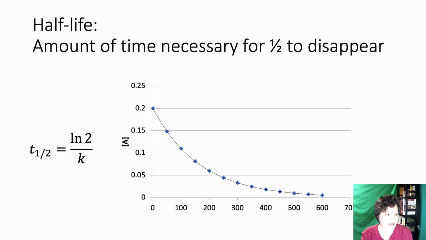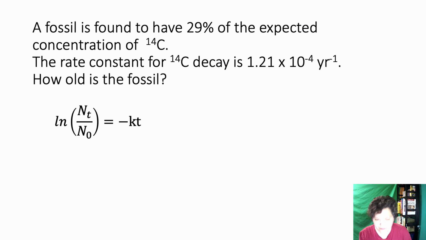And if we can just measure the half-life of something, then it's very easy for us to calculate the rate constant. And because these rate constants are really truly constant for various isotopes, we can just look them up. We don't even have to do an experiment to determine what our rate constant is for nuclear decay of a given isotope. So let's quickly put that into practice.